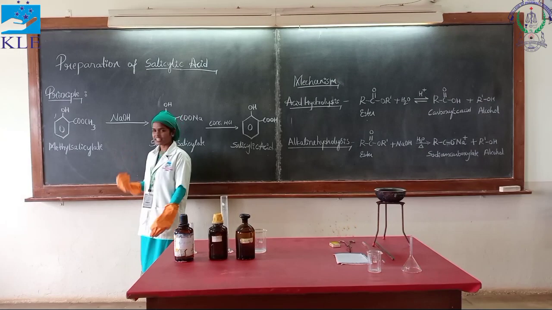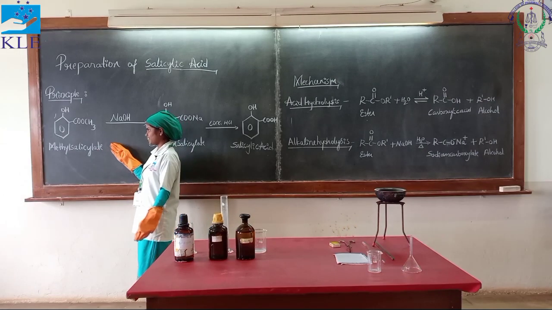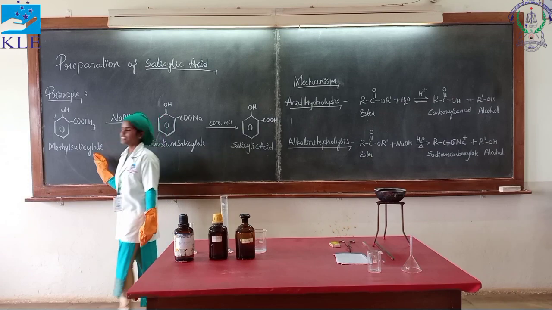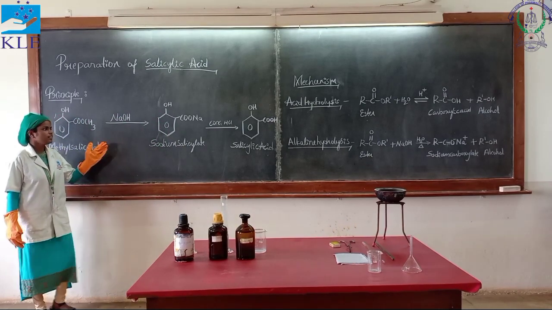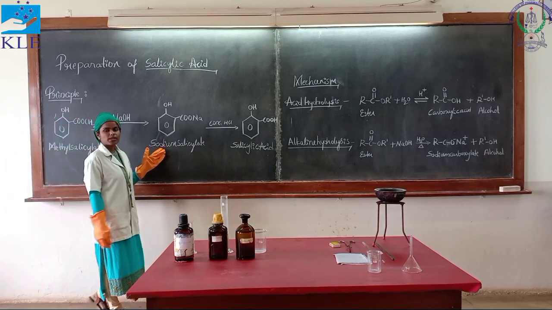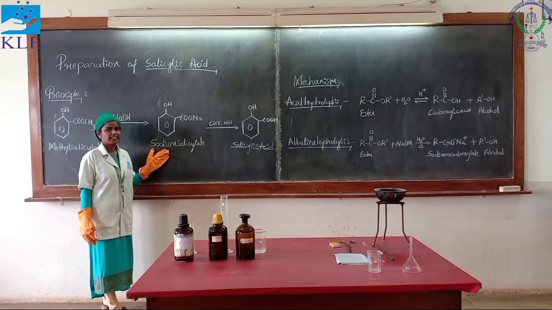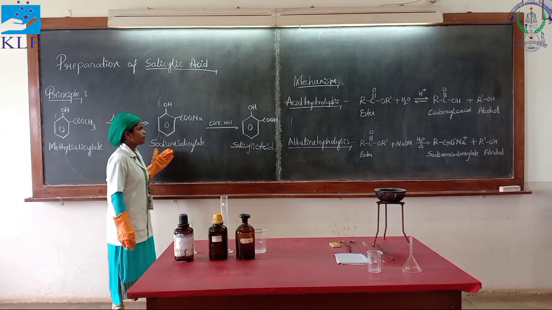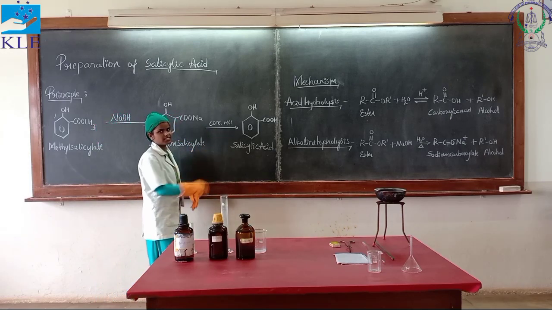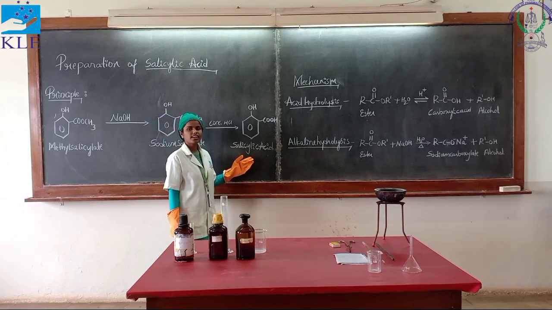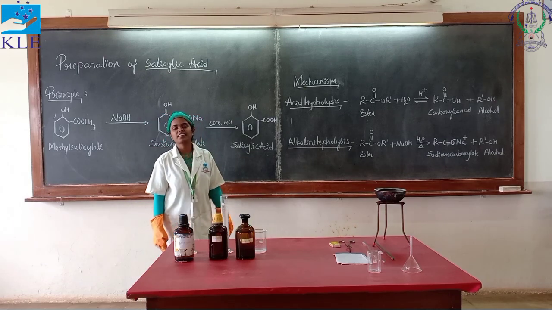In this experiment, methyl salicylate, which is an ester, is treated with 40% sodium hydroxide to give sodium salicylate, which is an intermediate. This intermediate is further treated with concentrated HCl to give salicylic acid, which is our interested product.